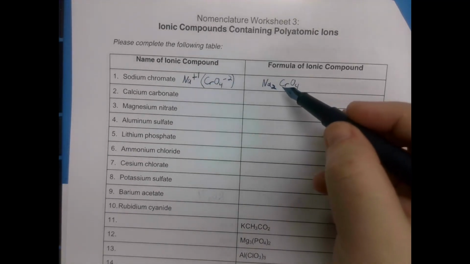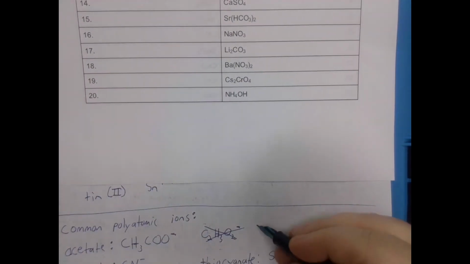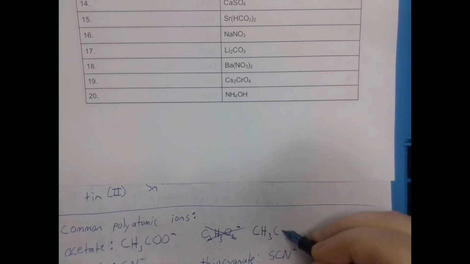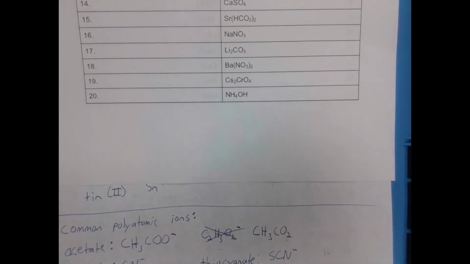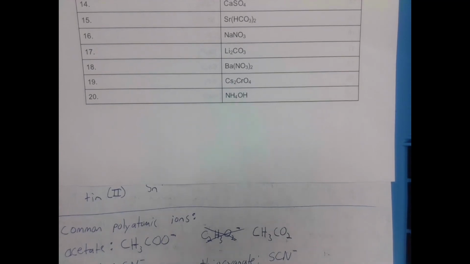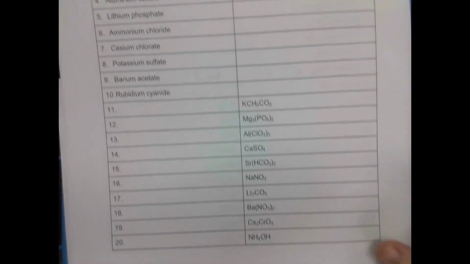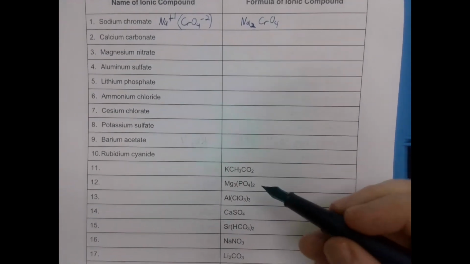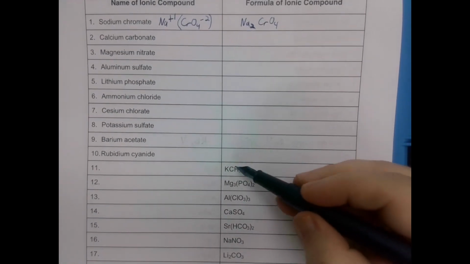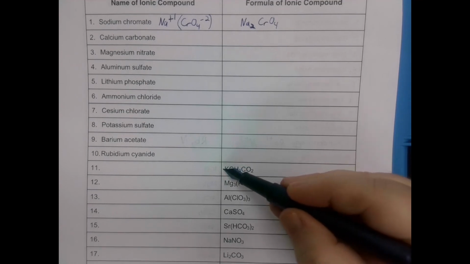So Na2CrO4. Oh, acetate. Acetate will also do, CH3CO2. So this one, for example, what is the cation and what is the anion?